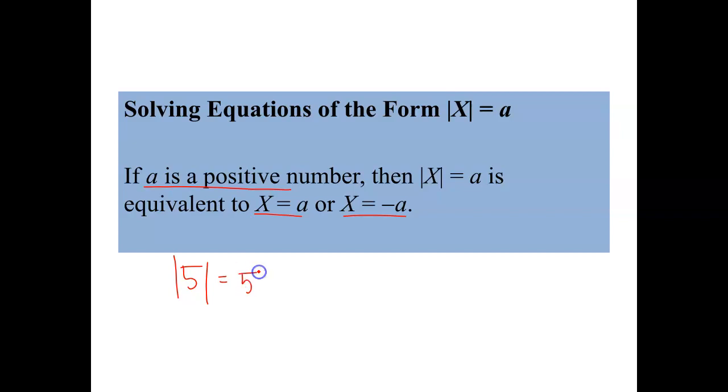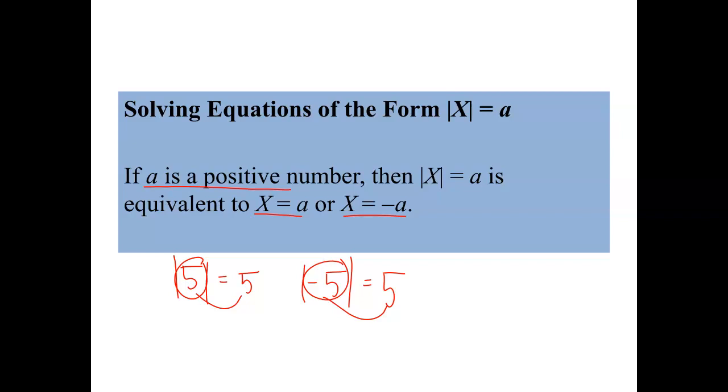If I take the absolute value of negative 5, what do I get? 5. I have two numbers that give me the same absolute value, which is why when we take absolute value, I can write it as two equations because I have two values that will give me that same result.